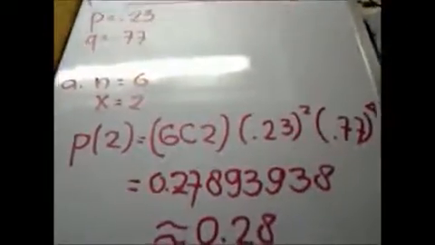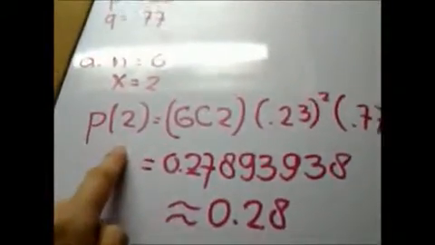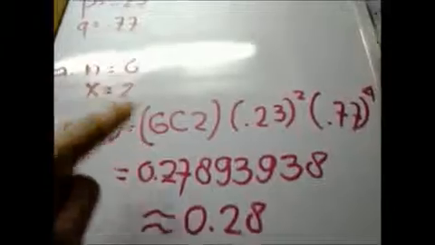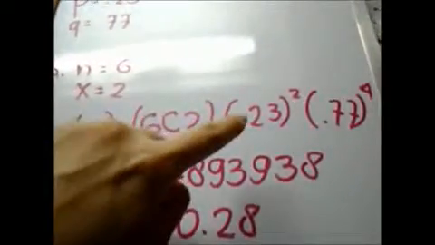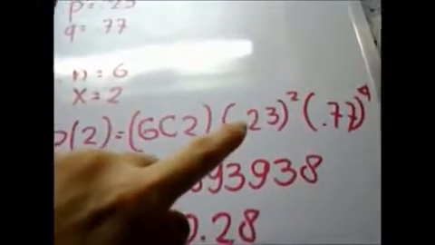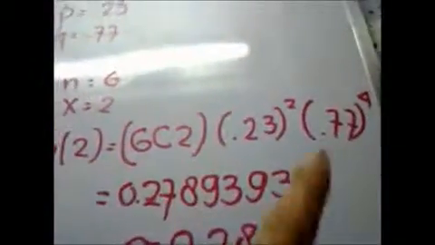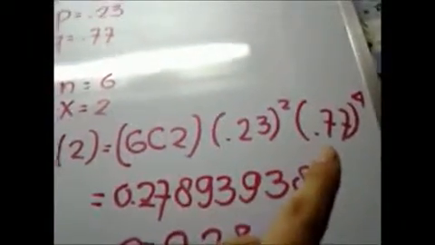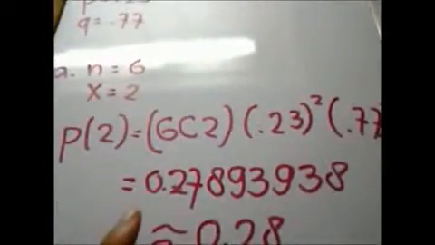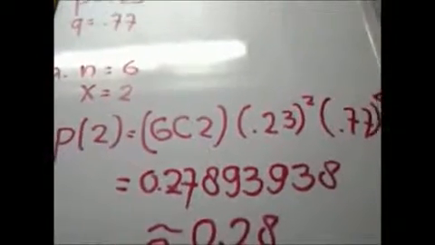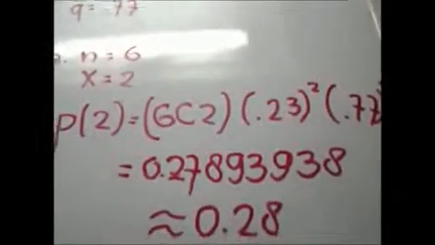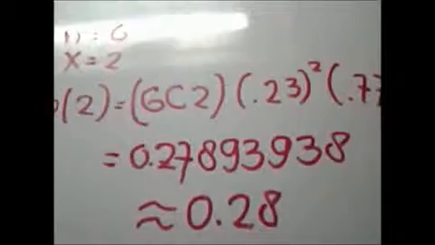So the probability that 2 will stick with his group is equal to 6C2 times 0.23 to the power of 2 times 0.77 to the power of 4. So it will be equal to 0.278933938, or 0.28. So now we are going to move to question B.